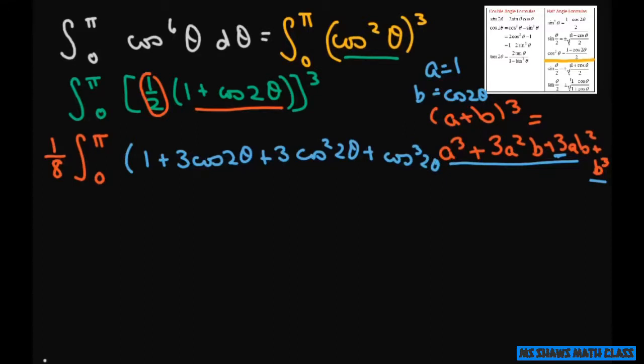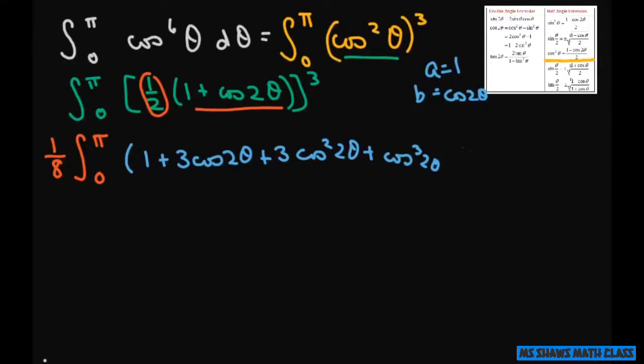I'm going to go ahead and erase this now since we got that part down, so I can have more room. So this is 2 theta d theta. All right, now we can start breaking this apart.